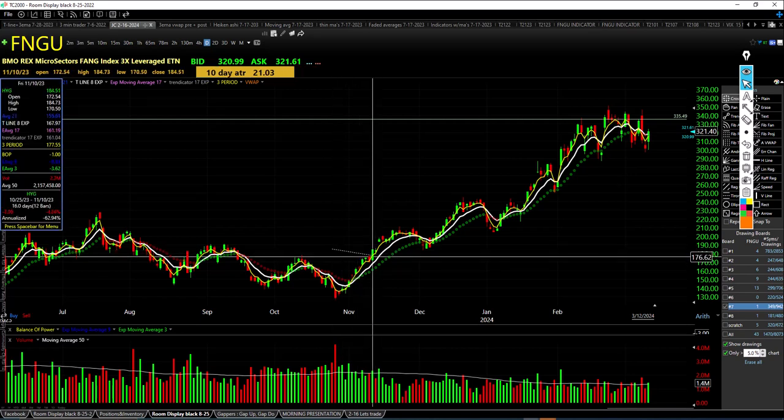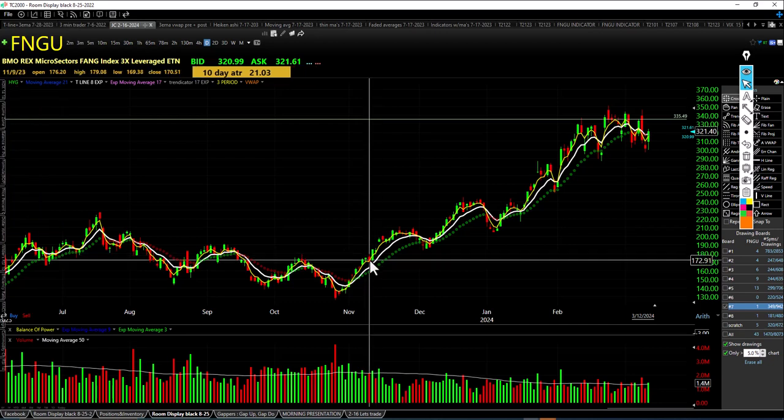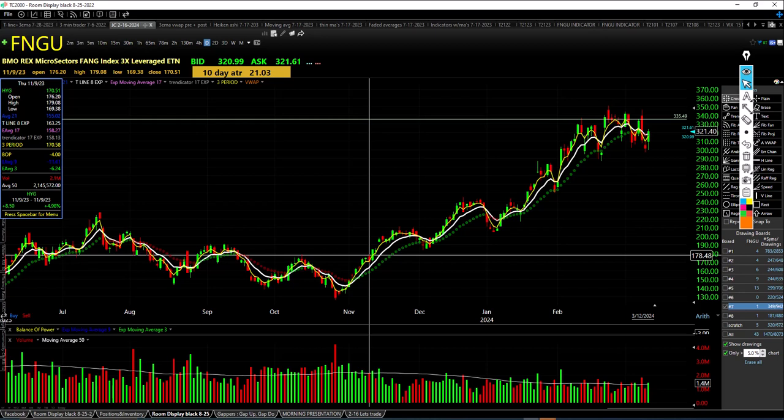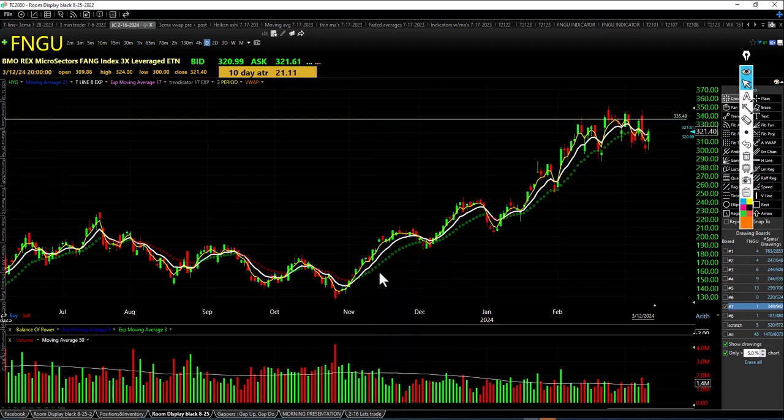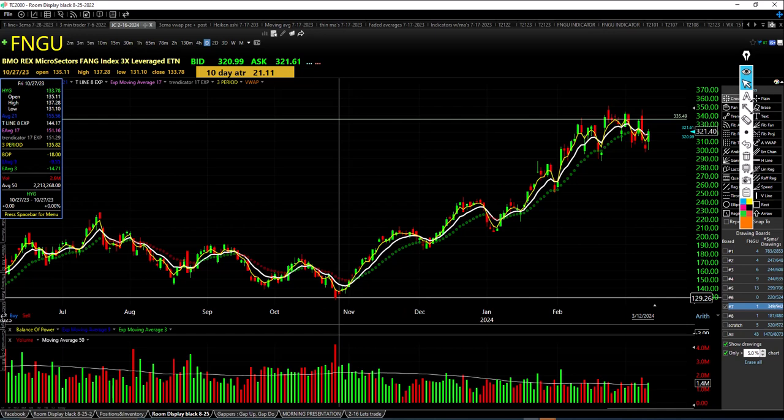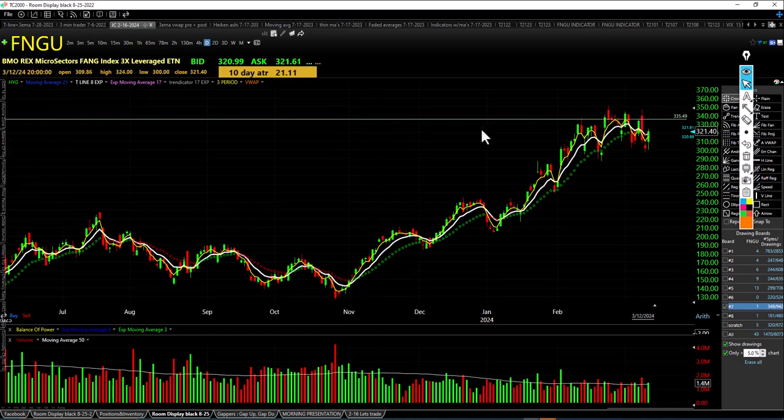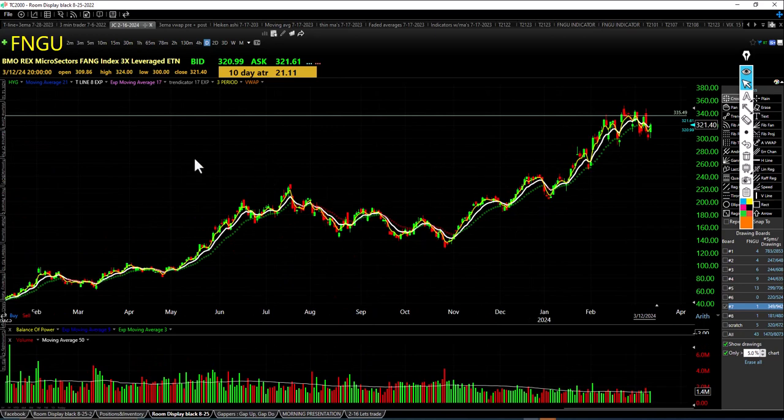And you can see right here on the 10th also. All right, they challenged it right here, but they couldn't break over it. So you can see the XLK performed a little bit better than the FNGU, but the FNGU caught on just as quickly when it came to making lower lows in this downtrend right through there. You can see that happened on the 27th. They stopped moving down.